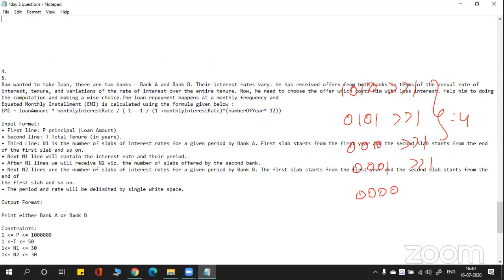I'll try to find out that stair question. There is one important question called the stair question. I'm trying to find out where that question is. Give me 1 minute.